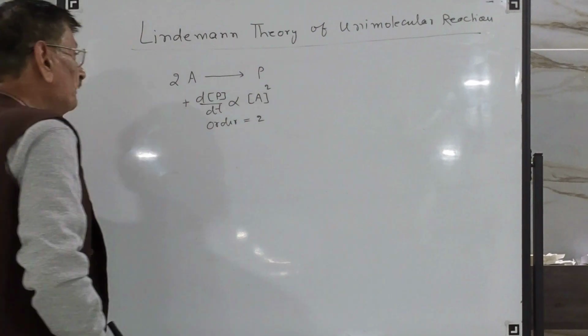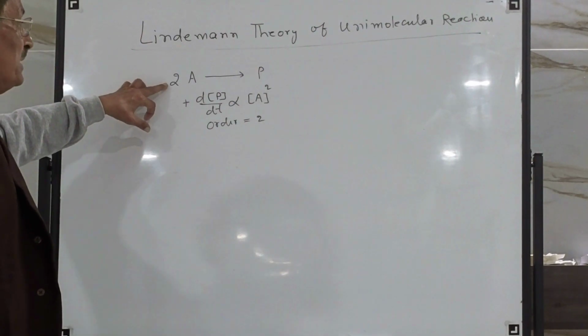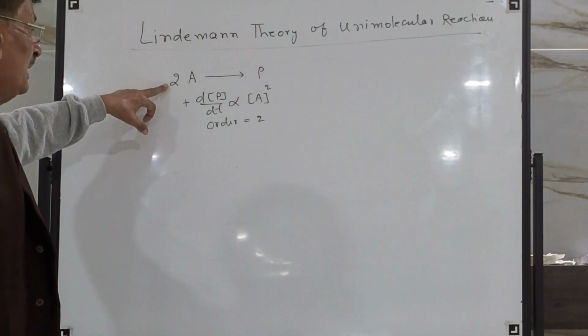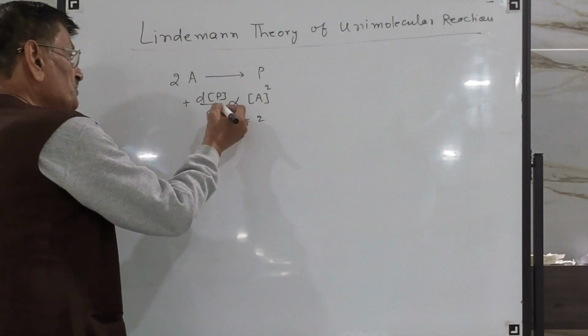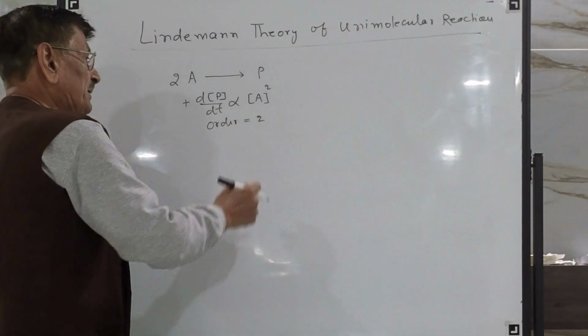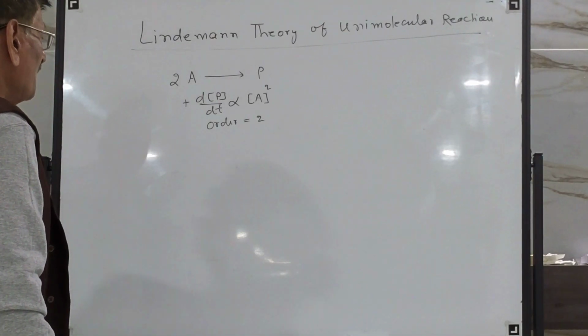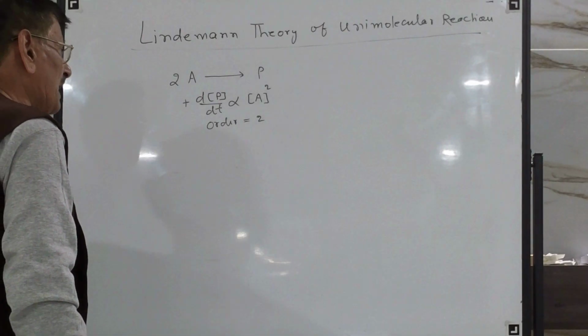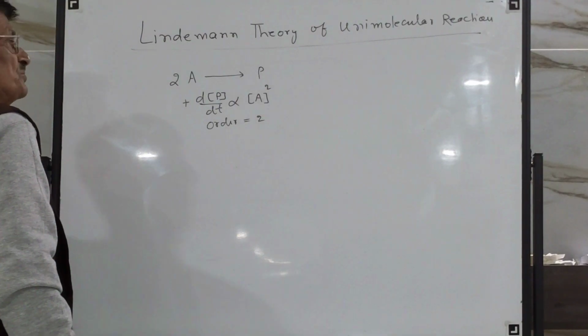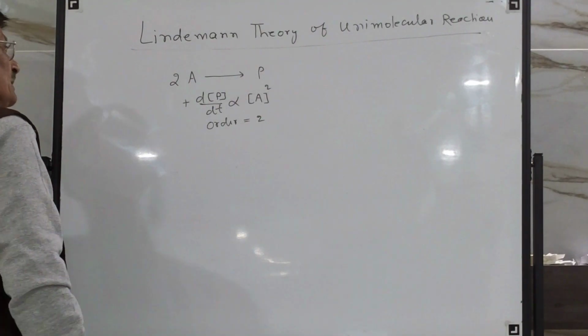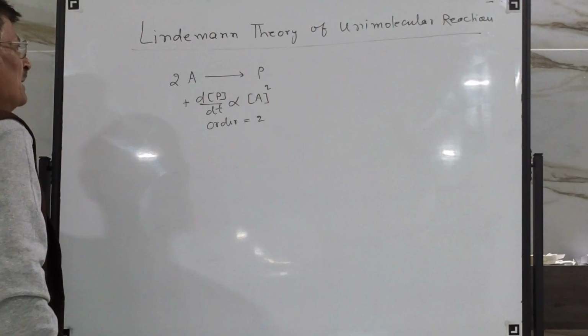Thus, a bimolecular elementary reaction must obey second order kinetics. The rate of reaction must vary with the square of the concentration of the reactant.